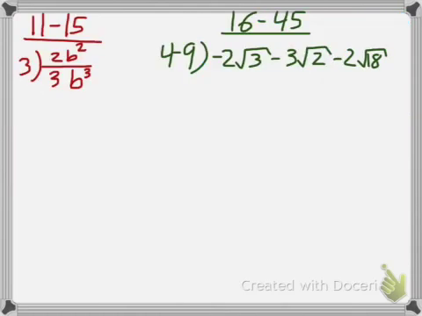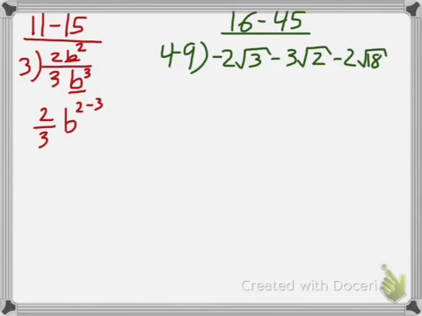So if we have problem number 3 on the test, it's going to look like this, and this time we have division of a common base. So we have b to the 2nd divided by b to the 3rd. So that gives us, the 2/3 can just come out in front. And then I just take the b and I subtract the exponents, namely the 2 will be subtracted by 3.